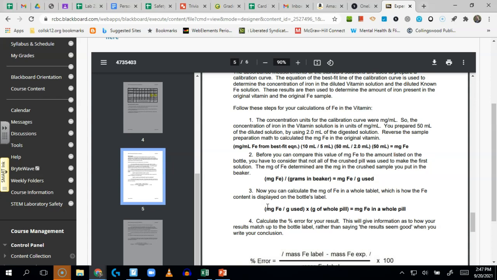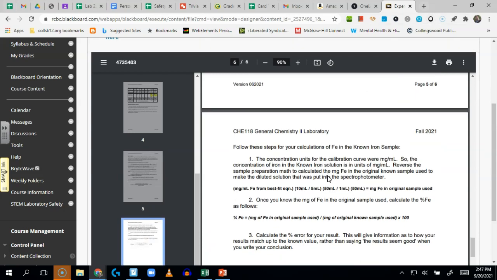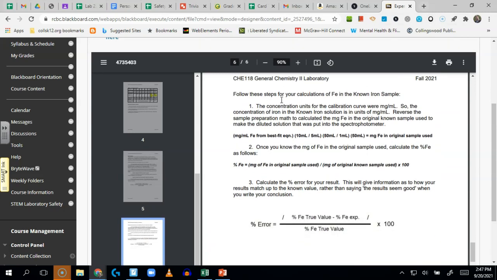Then you can take the answer from here, plug it into here, and multiply by the mass of the pill, and that's going to give you the mass of the iron in the whole pill. Your job is to do this also with the known sample so that you can compare the known sample to your unknown, so that you have something to actually compare to and the results seem good.